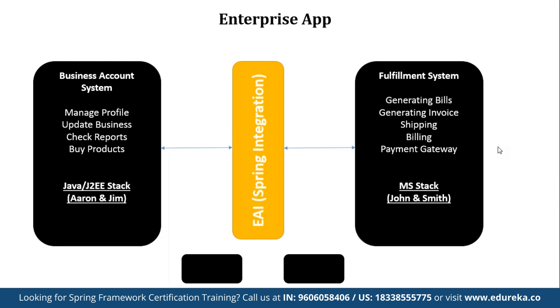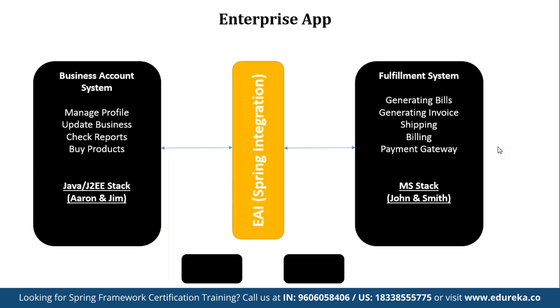This particular system is built on the Microsoft stack, but somehow they are part of one large enterprise, and they need to communicate with each other for some of the operations. Now what to do? In that case, we can use the Spring Integration API to let them communicate together.